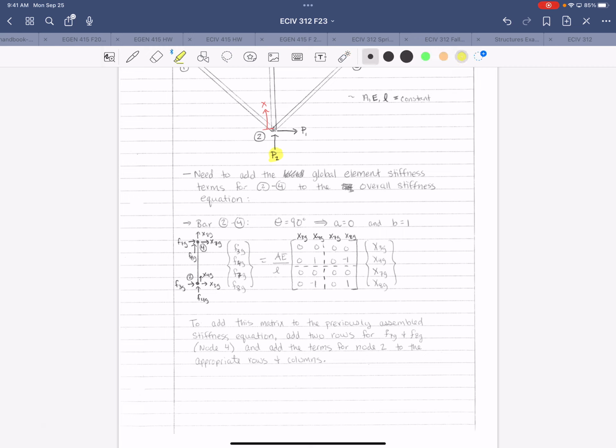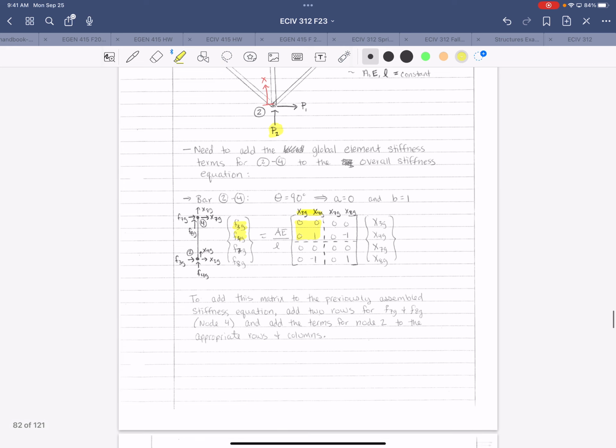We'll identify the values that are going to be added to the overlaid portion, which are going to be the node 2 values. And then the rest, I'm just going to highlight and identify. This will go into the node 2 columns and the node 4 rows.